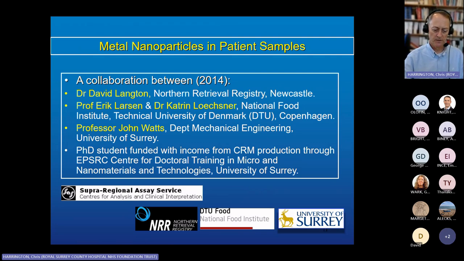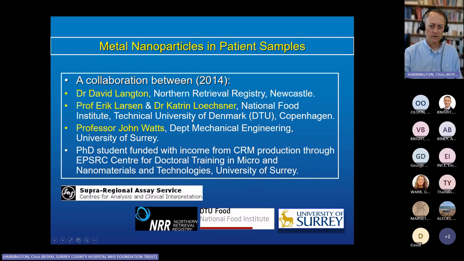And obviously some of those particles could be more or less immunogenic than others. So you could get some information on which hip types were going to be more problematic than others. So again, I worked with the Northern Retrieval Registry with Dr. David Langton, and I had some colleagues that I knew from various conferences working in the food industry.